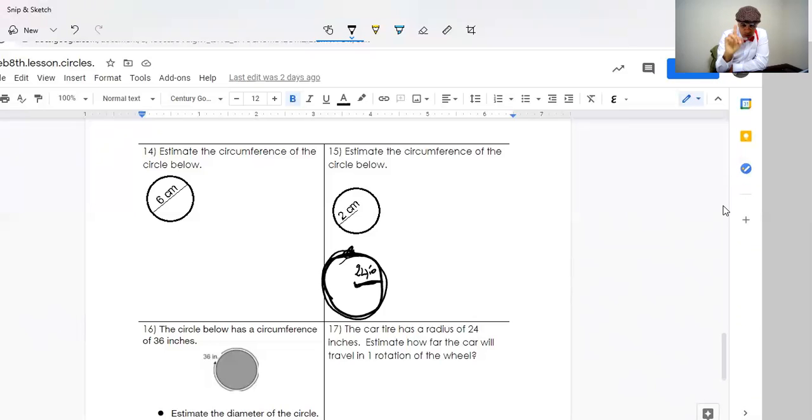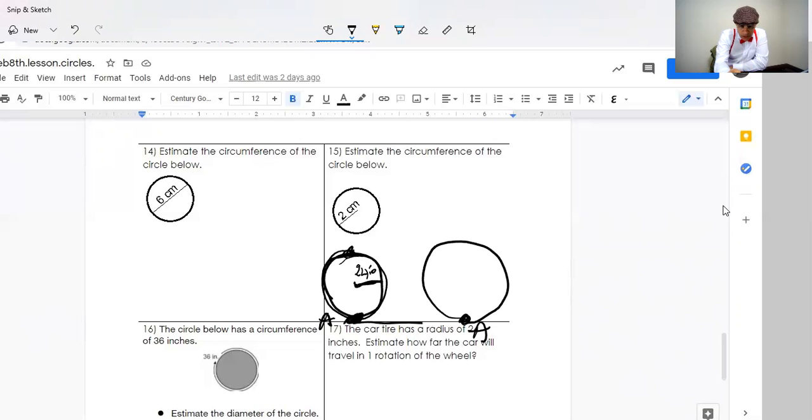And it's going to rotate one time, meaning this point here, let's call it A, is going to go around and come back to A again. That's one rotation. So it's going to go around and it's going to be here. Let's say that's one rotation. The tire went around once and you're back there.